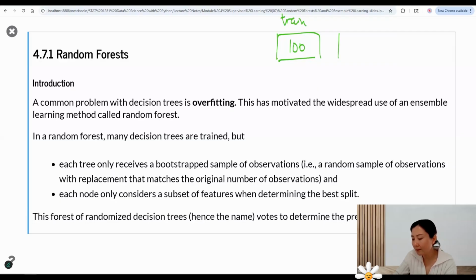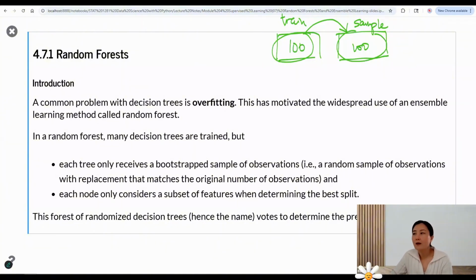We will sample from the training set to create a bootstrap sample with 100 observations too. However, because we sample with replacement, this bootstrap sample and the original training set are different somehow. And then we build a tree on this bootstrap sample.